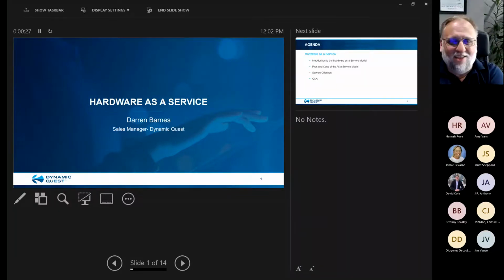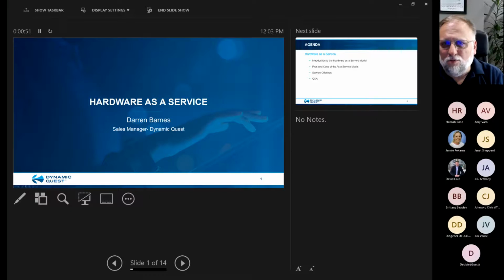I think this option certainly makes more sense for a lot of people than chasing the upgrades of new hardware all the time. As I say a lot of times to clients that I call on, don't you just want to get out of the hardware business? And this option certainly gives you that kind of a perspective and an option.